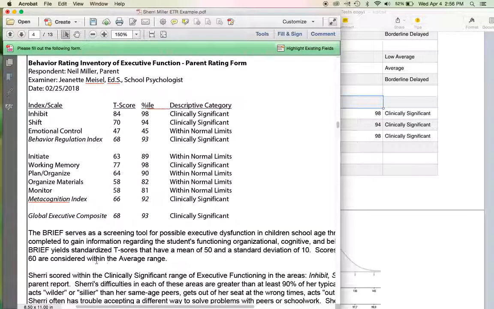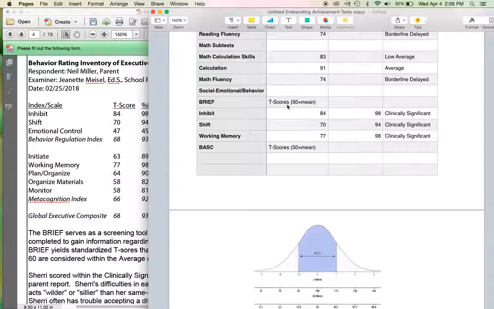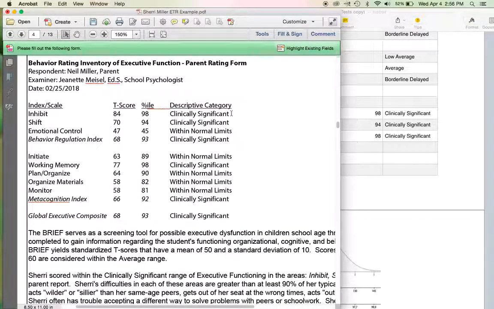Again, that information should be included or referenced somewhere. On the table, you'll see it denotes that it's a T score. And down here in the description of the test, it will remind you what the T score mean and standard deviation is. So I just put that here as a notation in my table to further remind me of that as I'm interpreting things. And the scores that were significant that I want to really hone in on would be the scores of inhibit and shift.